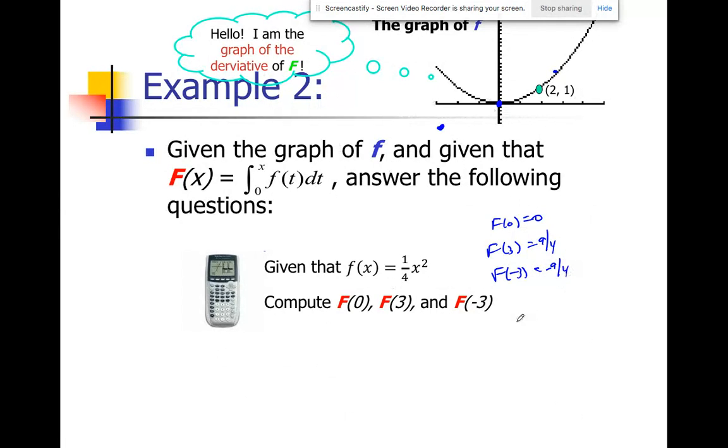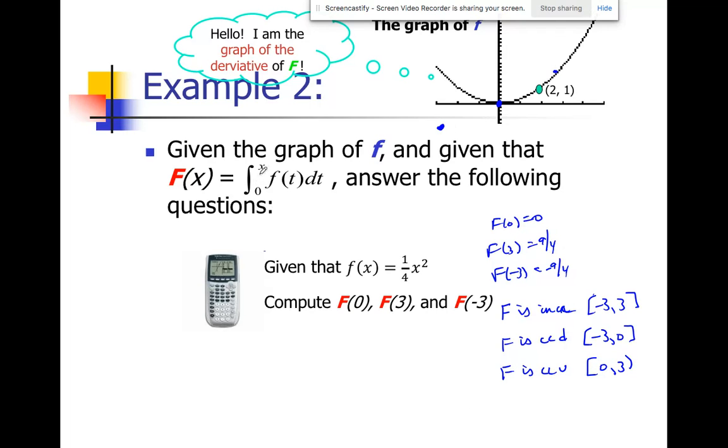And what about the other stuff we figured out? F is increasing the whole time on -3 to 3. We also know F is concave down from -3 to 0, and we know that capital F is concave up from 0 to 3.